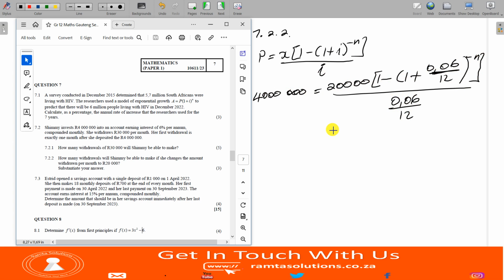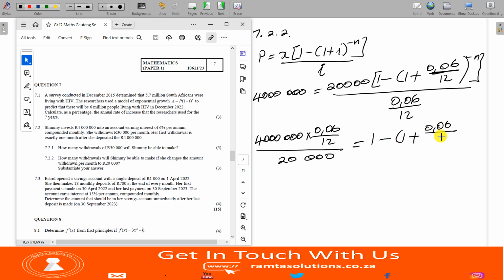Now again, we will say 4 million multiplied by 0.06 over 12, all over 20,000 equals 1 minus, not 1 plus, 1 minus, open bracket, 1 plus 0.06 over 12, close bracket, to the power negative n.